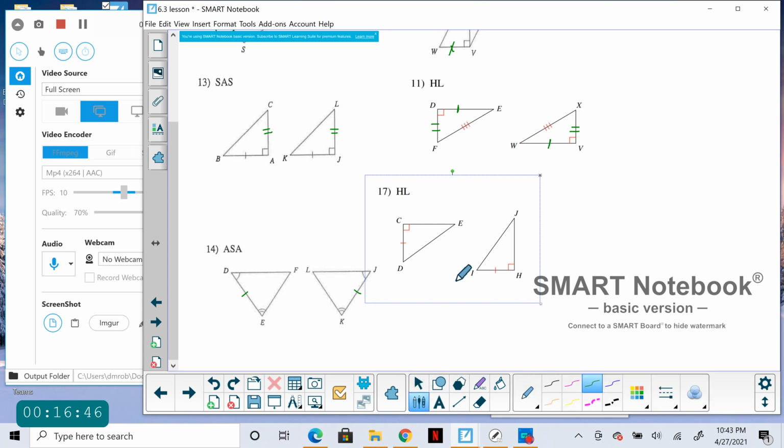For hypotenuse leg, we would need the hypotenuses to be congruent for this to work. We've already got a leg CD to IH here, so we would need DE to be congruent to JI. Alright, and that would allow us to use the hypotenuse leg congruence there.